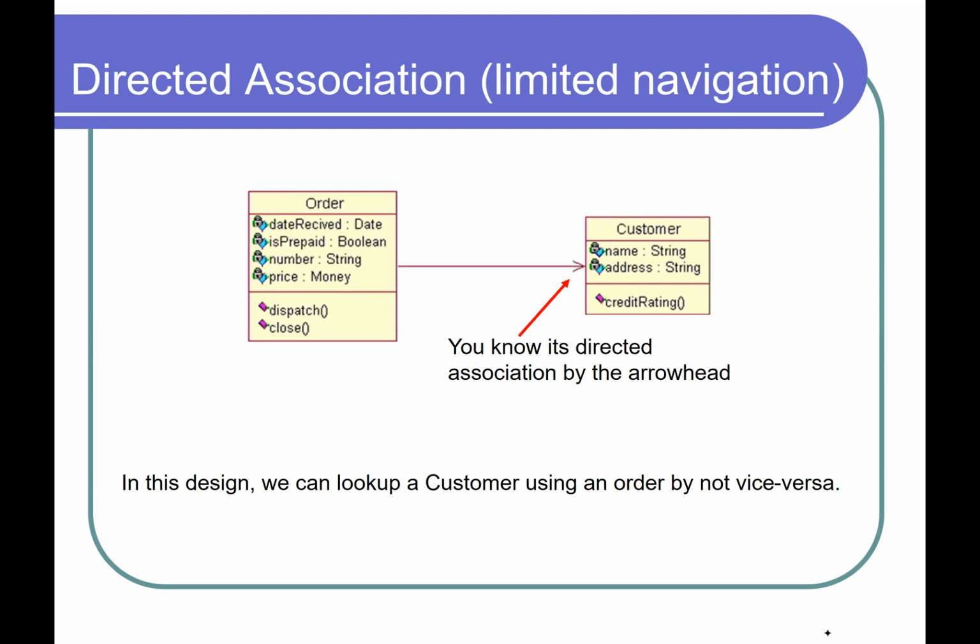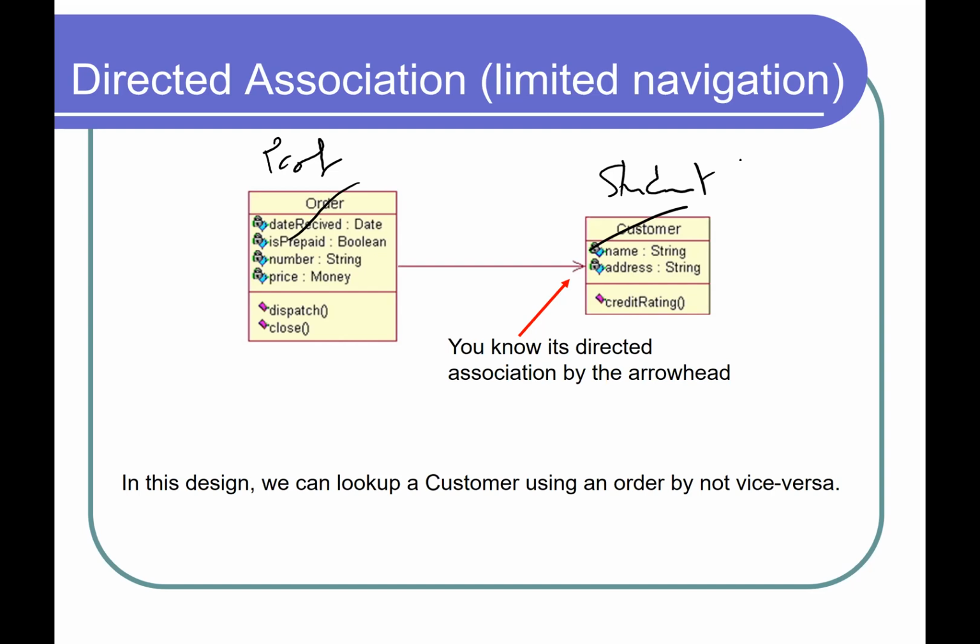Now, if this, for example, was professor, and this is student, what does that mean? Now, what does that mean in terms of the capability of a search?